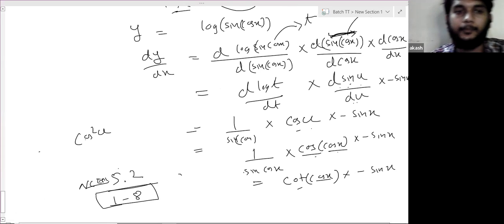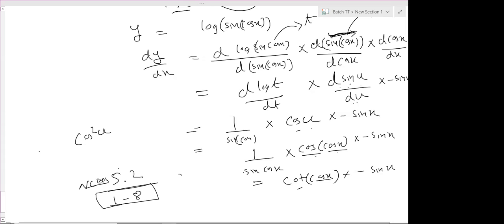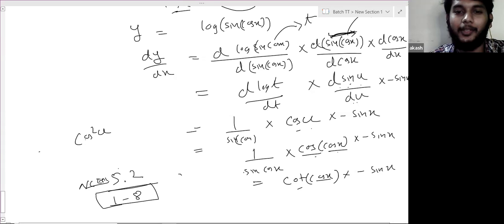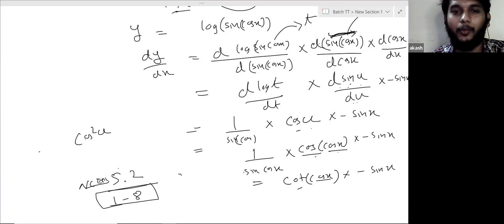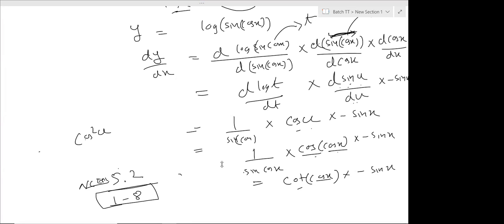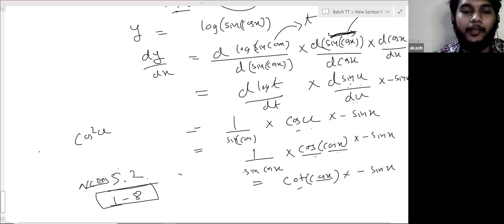This is very important. All right, so homework is NCERT 5.2, 1 to 8, and in the next class there will be a test also of inverse trigonometric functions.